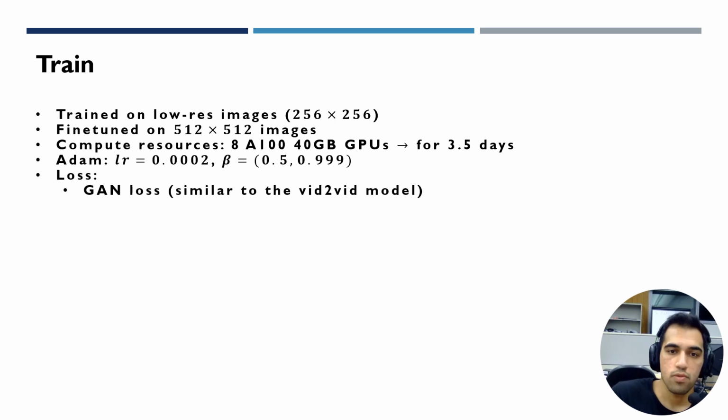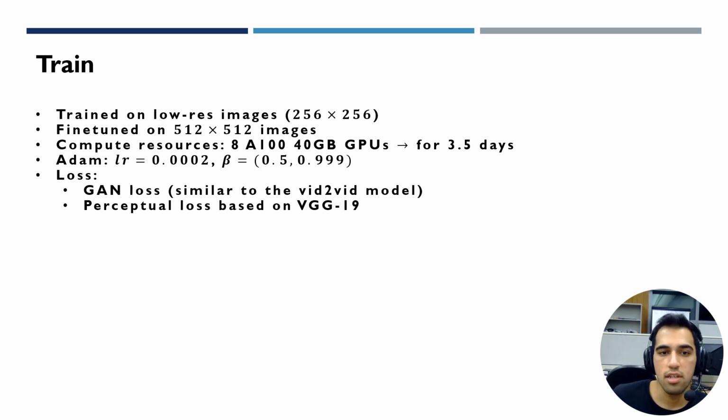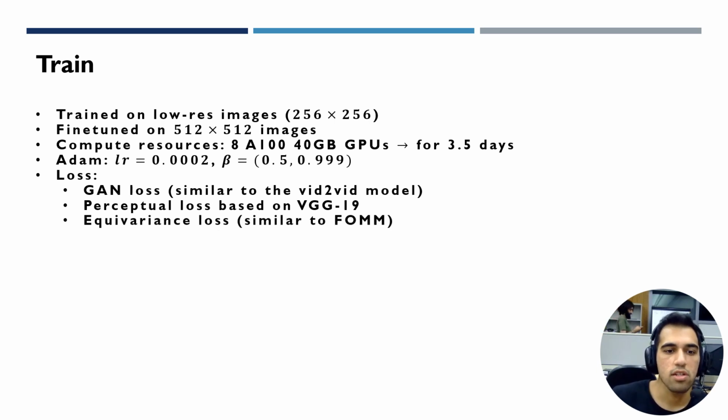The first was the GAN loss, the structure of which was quite similar to the vid-to-vid model, and they also used the perceptual loss, which was the VGG19 network. And last but not least was the equivariance loss, which was similar to their approach in the first order motion model.